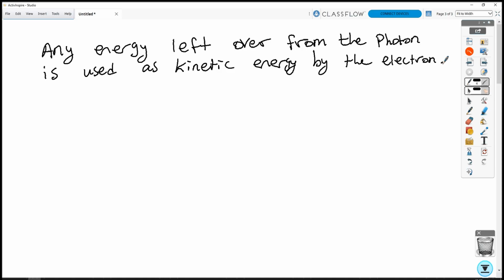Now we generally use metals for this experiment because metals have a shallow energy well. It means that it doesn't take much energy to make these electrons leave the material.